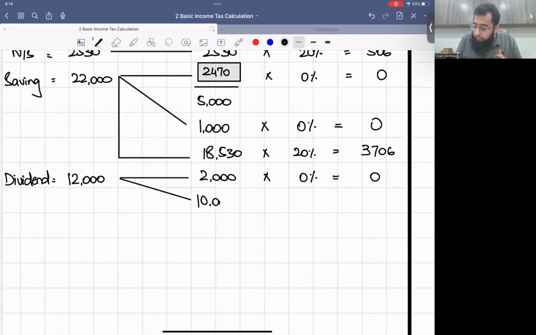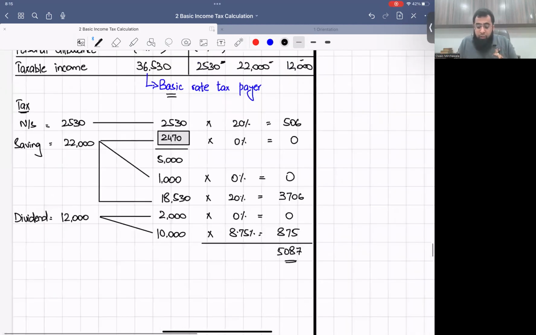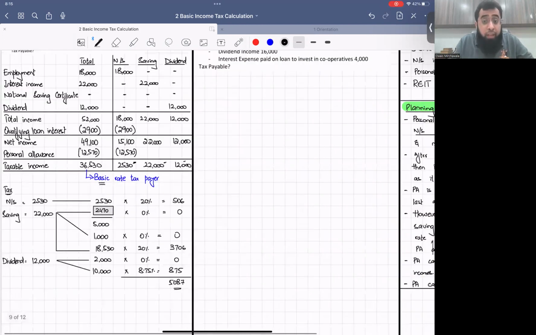And the remaining 10,000, since we are a basic rate taxpayer, is taxed at 8.75%. So it's 875. If I add up all of them, I'll arrive at the value of tax: 506, 3,706, and 875. So it's 5,087. There was no advance tax in the question, so no issue of tax credit.